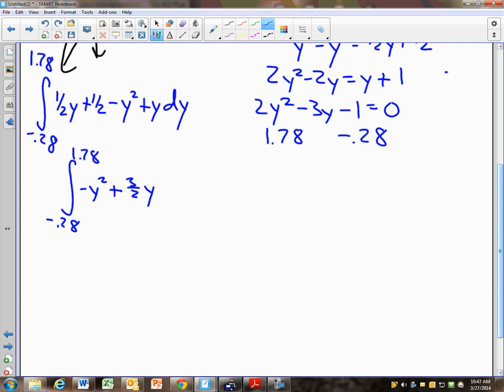And then I've got 1/2 and dy. So let's take the antiderivative. What's the antiderivative of negative y squared? And 3/2 y, or 3/4 y squared. When you divide by that 2, it becomes divided by 4. And what's the antiderivative of 1/2? 1/2 y.